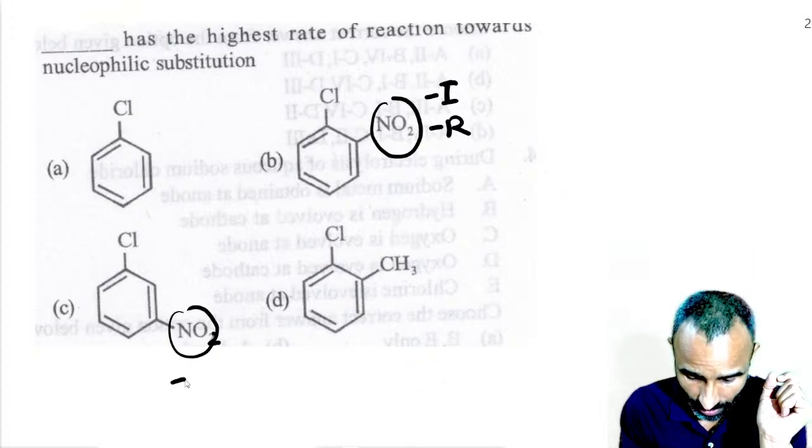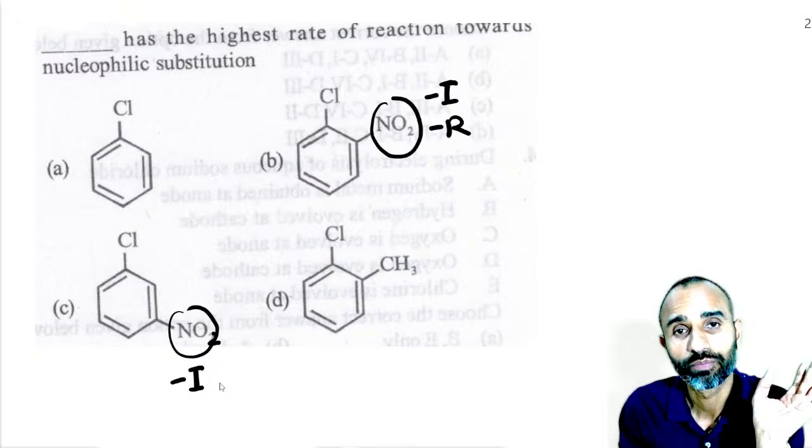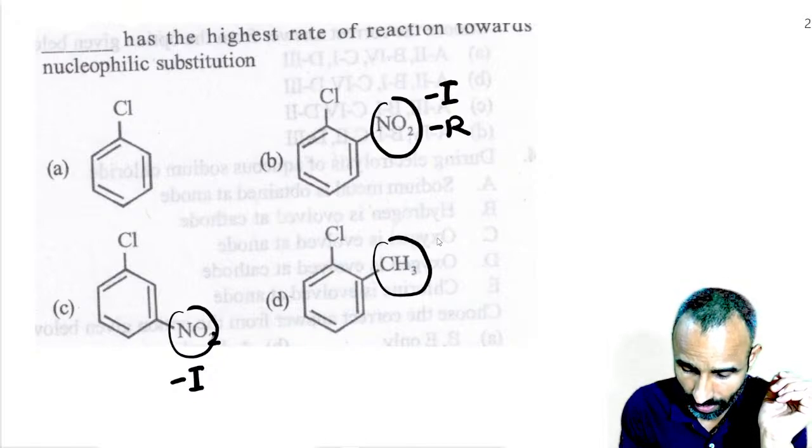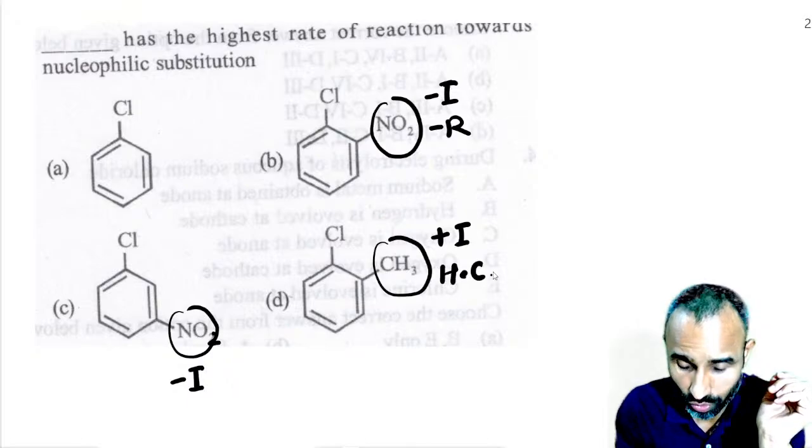And here it is electron withdrawing due to minus I effect only. Here it is electron releasing due to plus I and hyperconjugation.